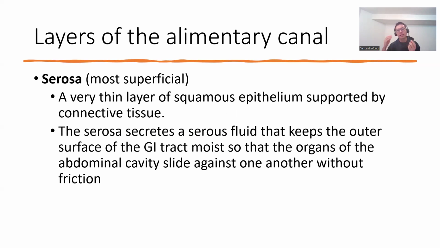And in the diagram, you can see the large intestine and the small intestine are very close together. So anytime things move past each other, you don't want there to be friction. Friction is going to cause wear and tear and pain, right? So with this serous fluid, everything is going to be sliding past each other quite easily.